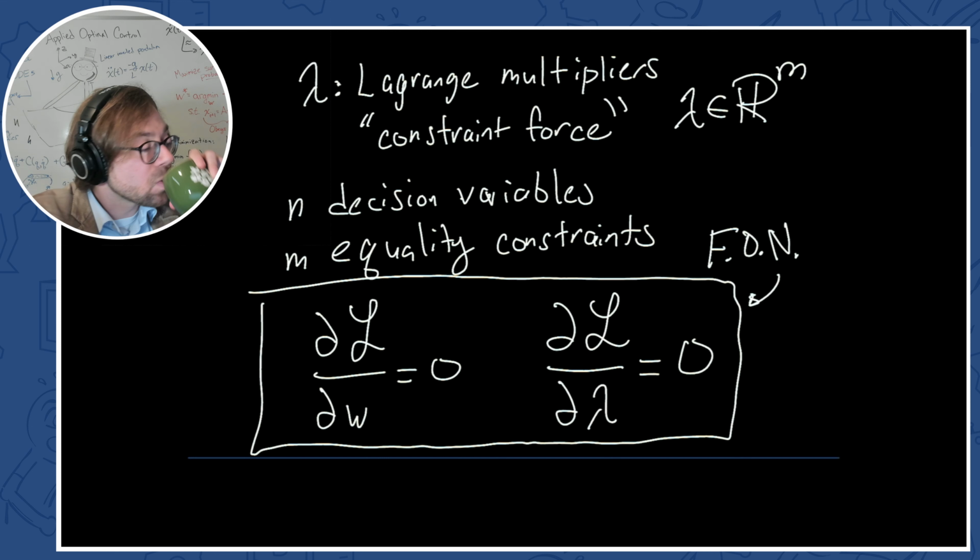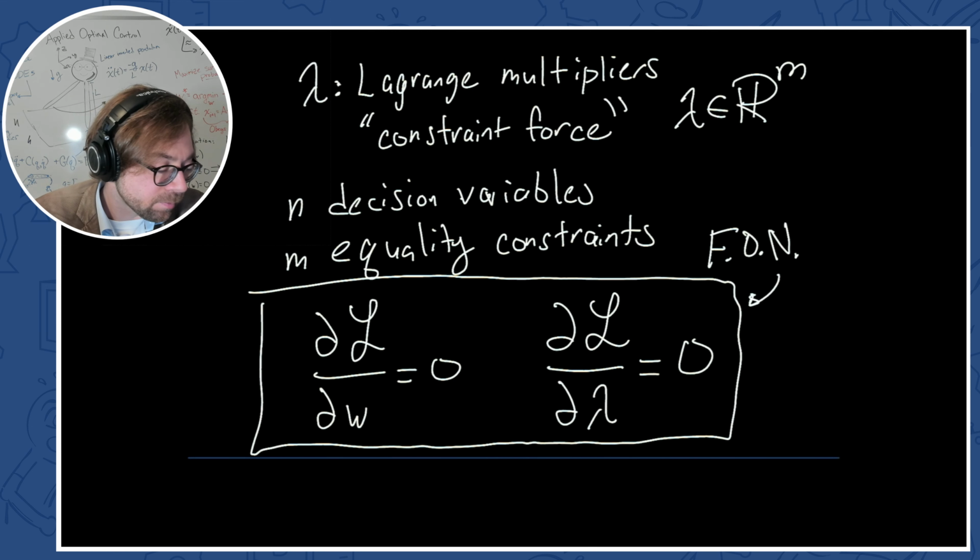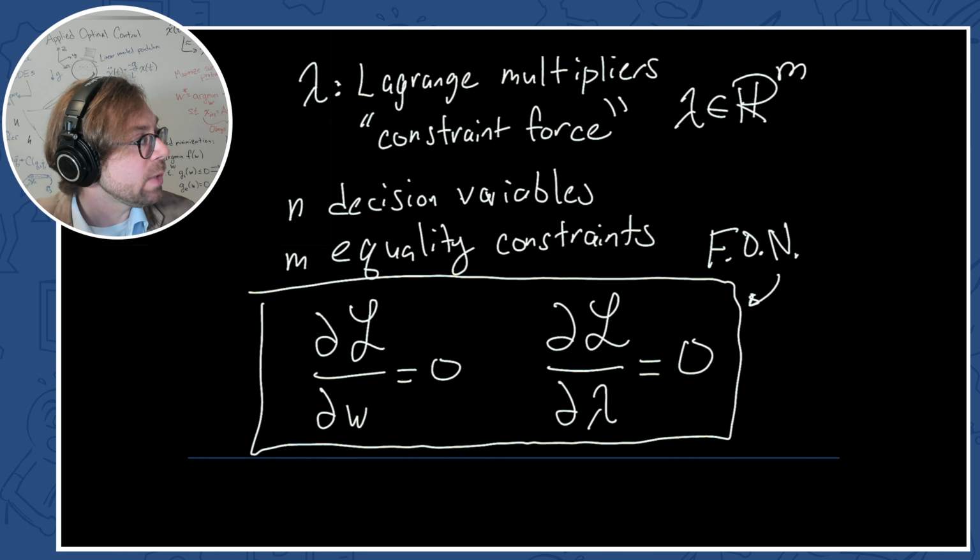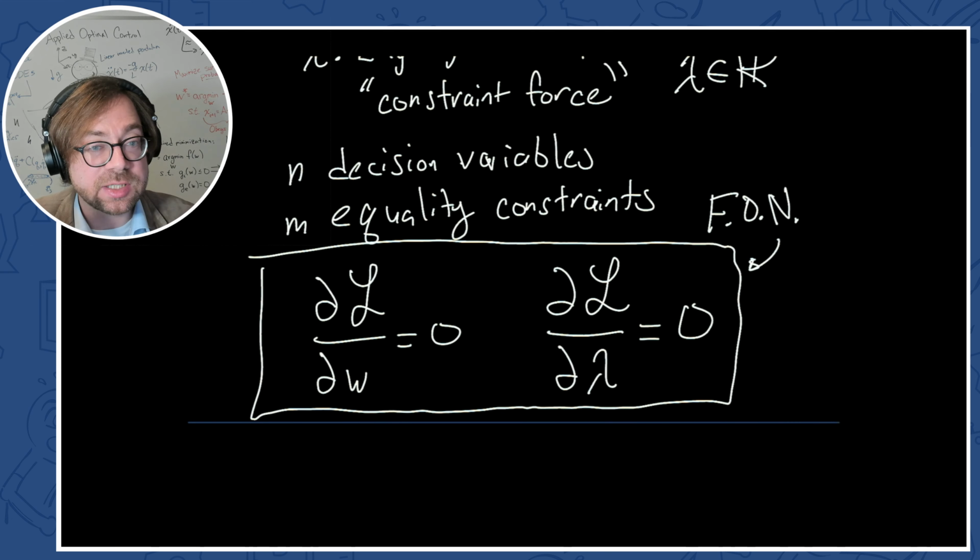So we have these new first order necessaries. What that means is we could use this to try to solve our constrained optimization problem. Let's try using gradient descent, like we talked about last time.